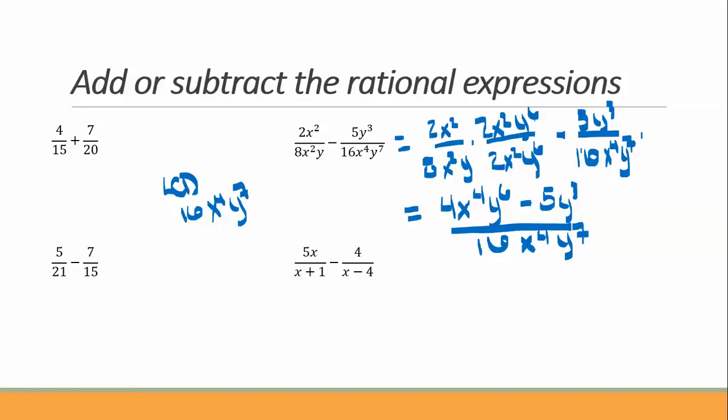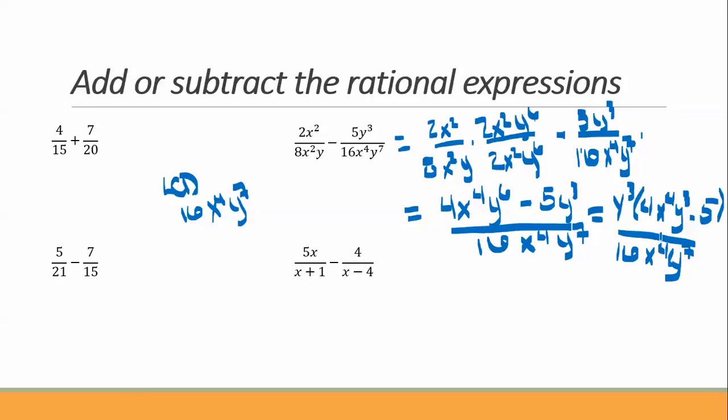but the numerator we could actually factor out a y cubed because they both have y cubed in it. And we would have y cubed times 4x to the 4th y cubed minus 5 over 16x to the 4th y to the 7th.